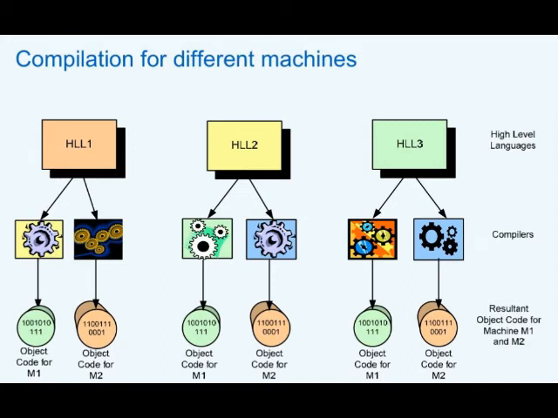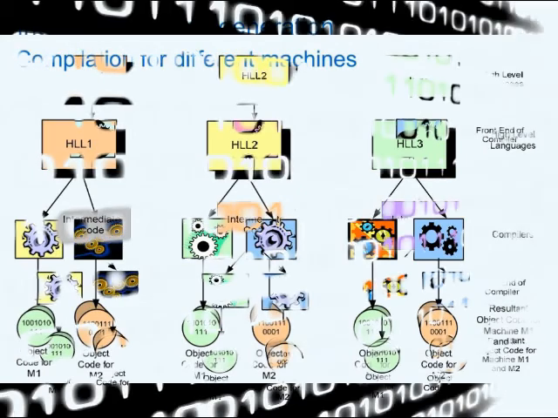Like in this example, there are high level language 1, 2, 3, and then there are two machines M1 and M2, and for these two machines we need to create compilers. If we don't have this intermediate code generation phase, we need to generate the entire set of phases for each and every machine.